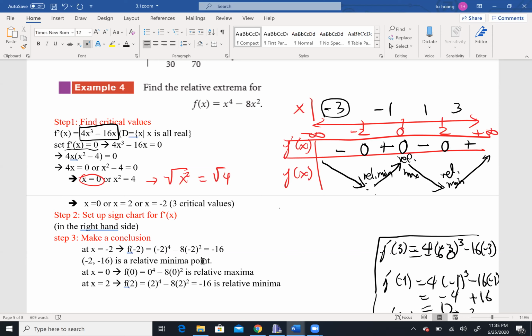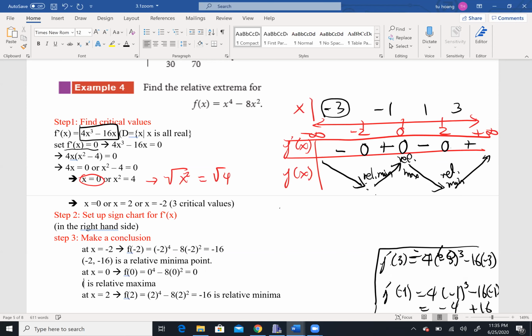And that's going to give me 0, and then I will say (0, 0) is a relative maxima point.